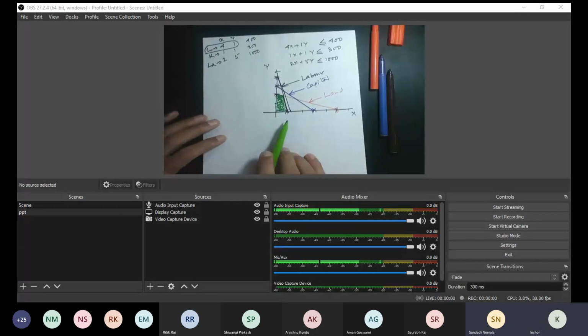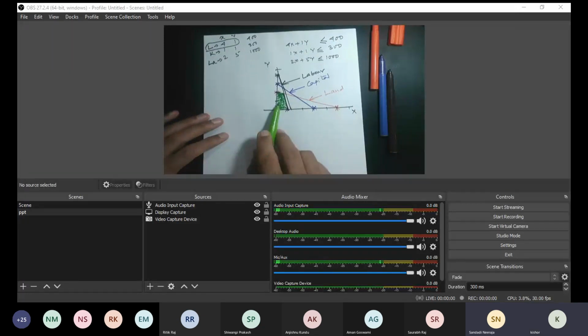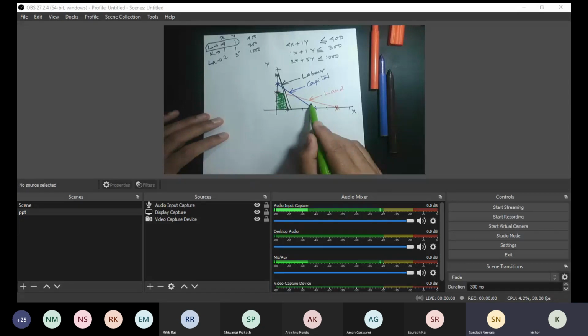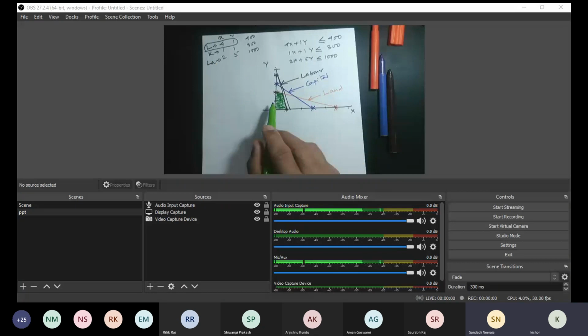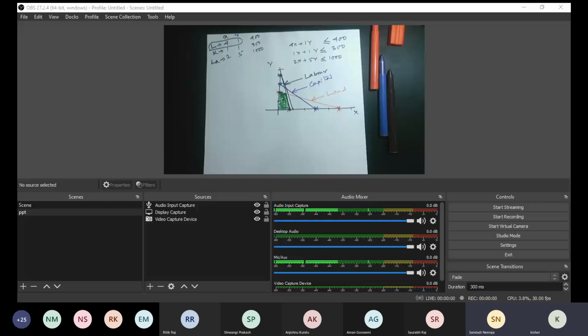All the technical constraints are fulfilled. If I choose a point here, suppose, then it will fulfill only land, but with respect to labor and capital it is outside, so it is not fulfilling. But in this shaded area or its boundary line, all my technical constraints as well as the non-negativity constraints are fulfilled. So this is the first step: a feasible solution will be in the area where all the constraints are fulfilled.